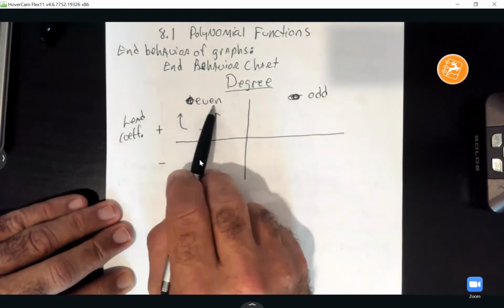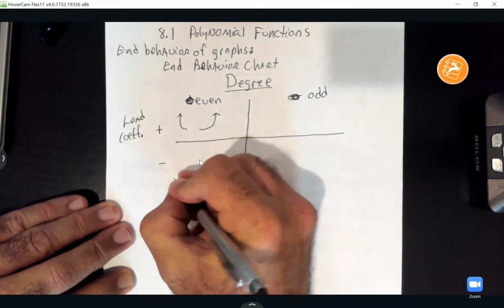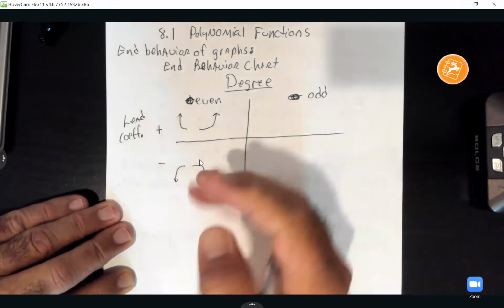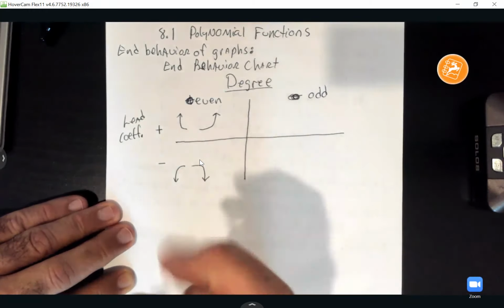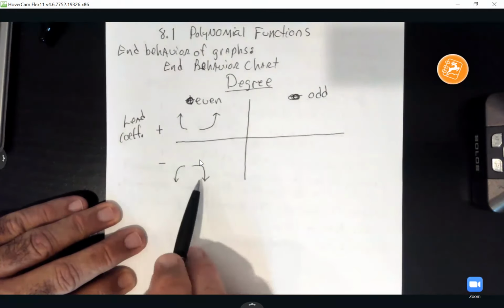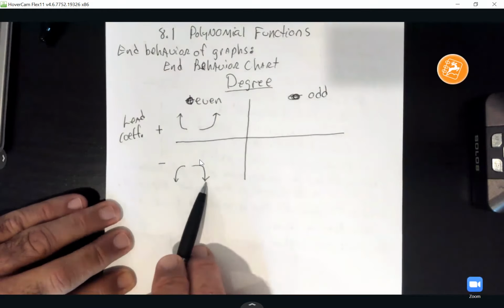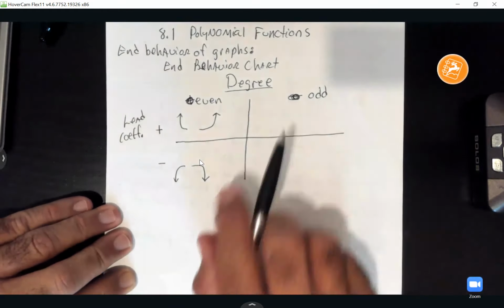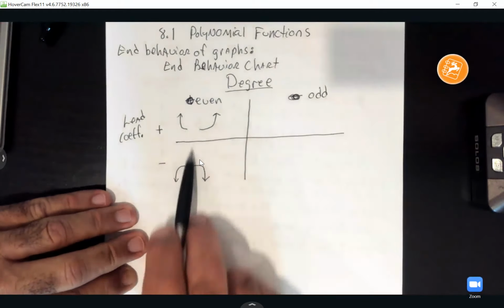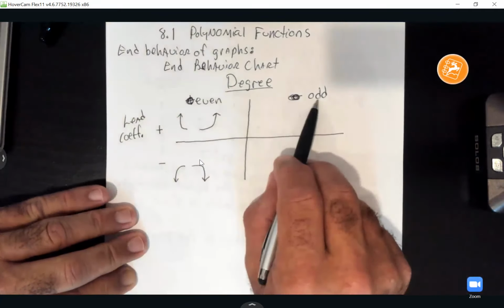Now, if the lead coefficient's negative and you've got an even degree, then remember when we put a negative in front, that flips the graph over the x-axis. So if you've got an even degree and the lead coefficient is negative, both ends in the long run will go downhill. So then we look at the odd ones. Now remember, these even ones, they're symmetric, right? Now look at the odd.